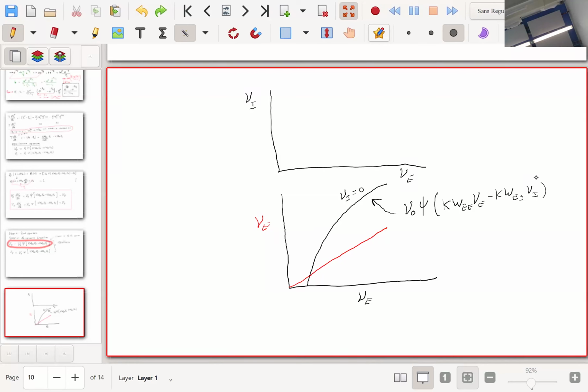And so when nu I equals 0, there are two equilibria. One here, this is a classical view. So this point here doesn't really lie on the curve.